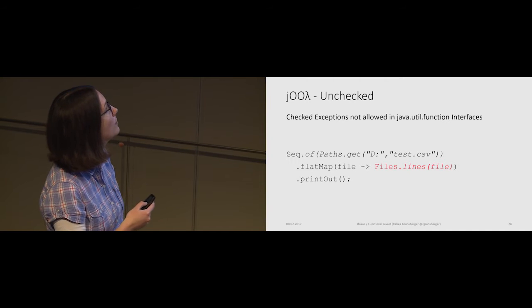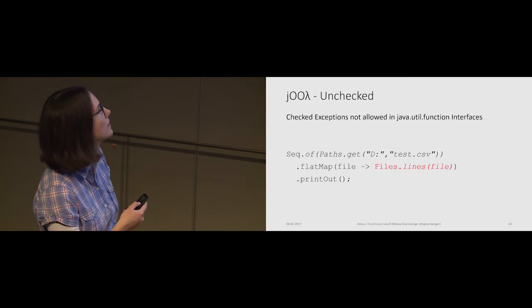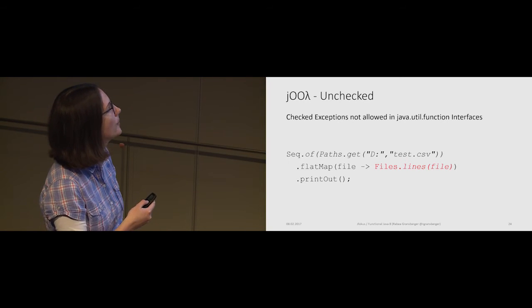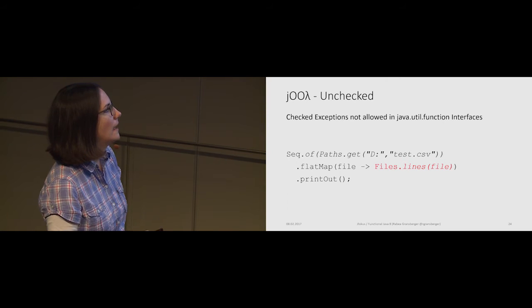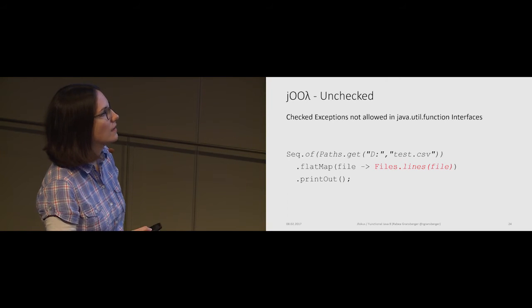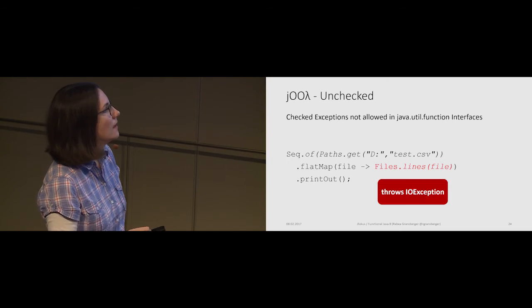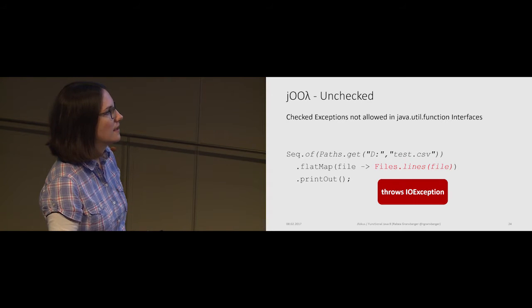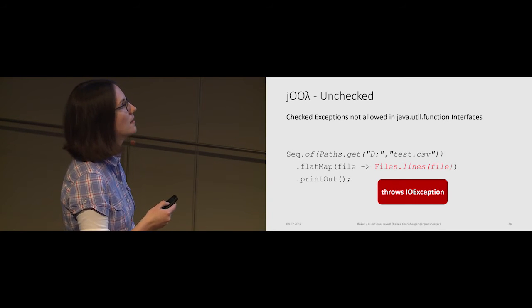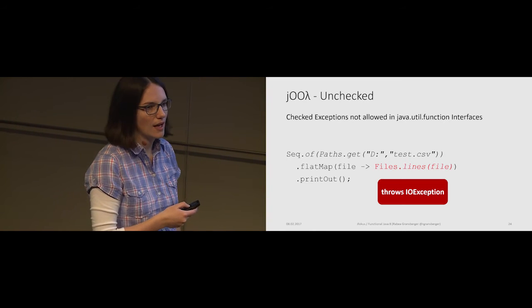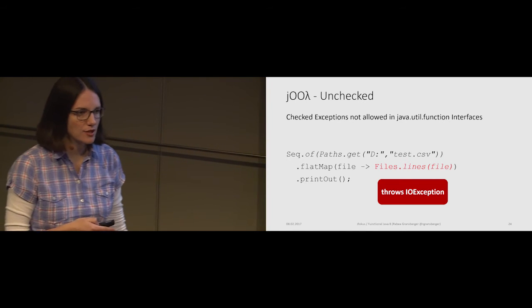So if we are working with normal streams, or even a sequence here of Jool, and we are doing any I/O operation like reading the lines from a file, this will give you an I/O exception, and usually functions and all other lambdas don't allow any exceptions.